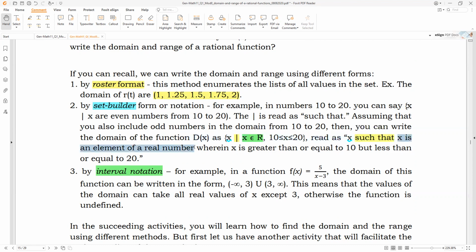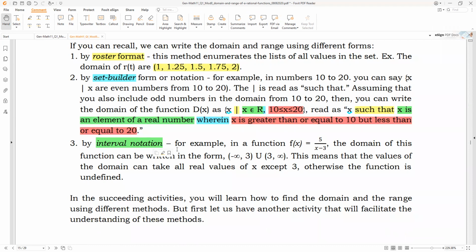Such that x is an element of the real numbers wherein x is greater than or equal to 10 but less than 20. Then wherein is in blue. So that is the code, that is the symbolism of this whole thing and its meaning.